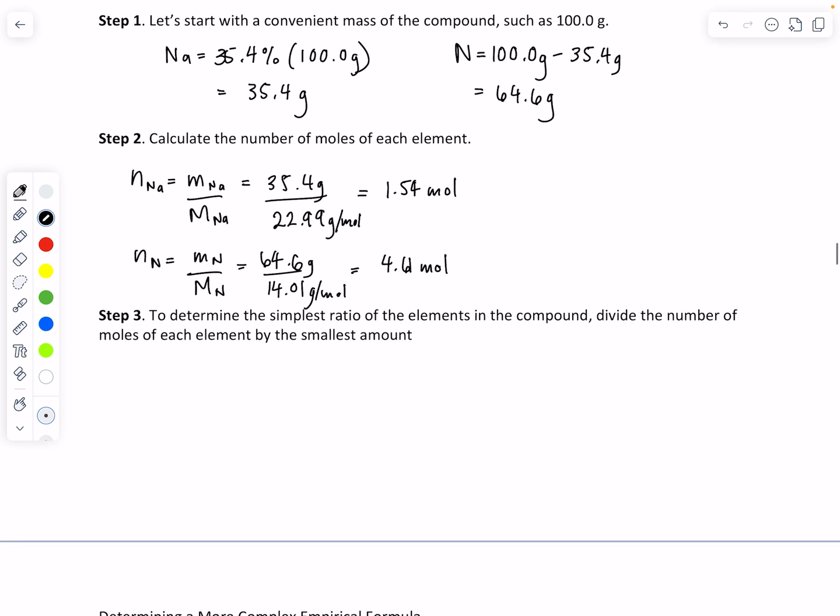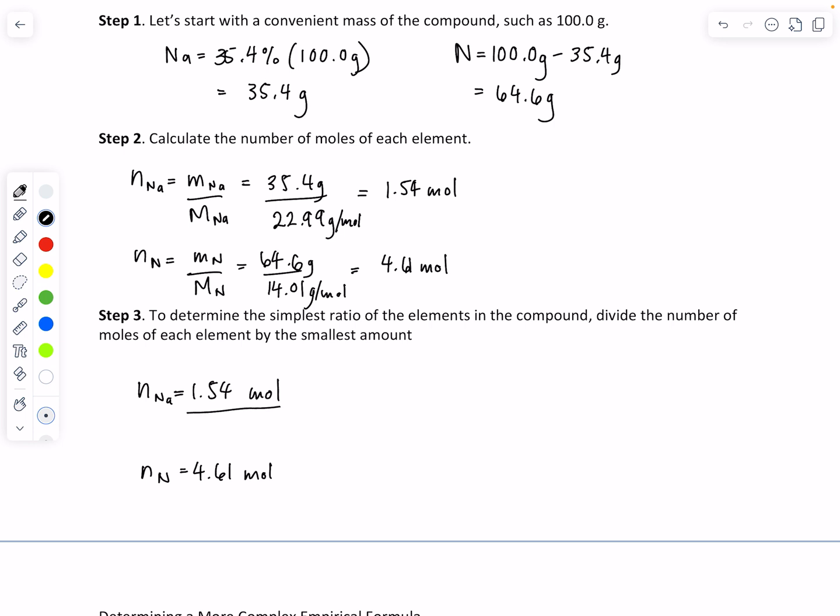In step 3, we want to determine the simplest ratio of the elements in the compound. Since we know that there are 1.54 moles of sodium and 4.61 moles of nitrogen, we're going to divide the number of moles of each element by the smallest amount.